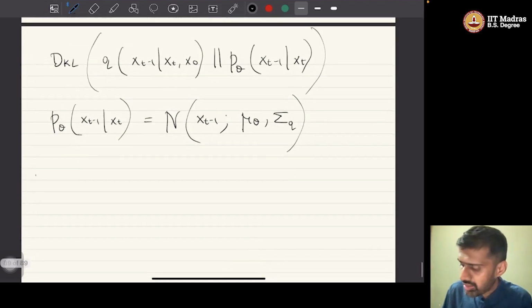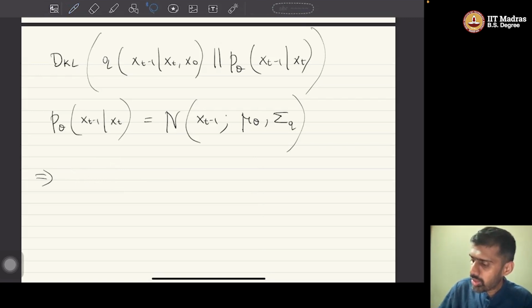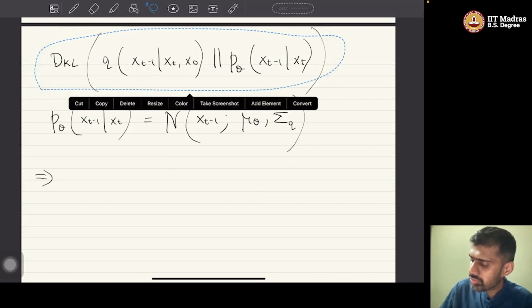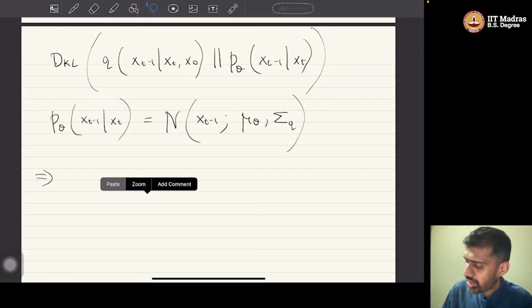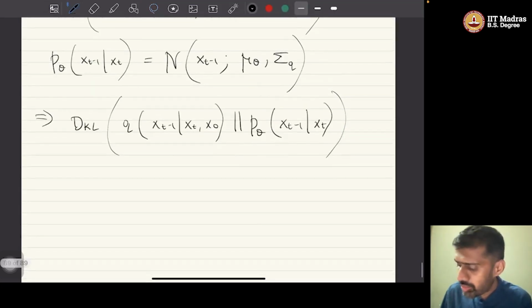So which implies that the consistency term now will be between this q and, let me just write that down, this particular term is equal to, so we know both the distributions, right?